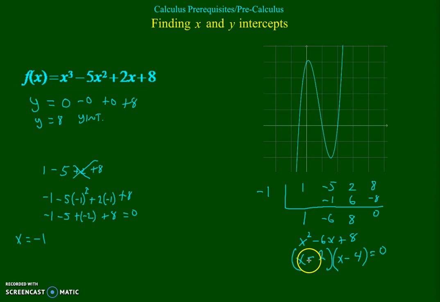Since one factor is x minus 2, we know one zero is 2. And since one factor is x minus 4, the other zero is 4. Now if we were doing this formally, we would have written down points. This would have been (0, 8), and (-1, 0), and so on.